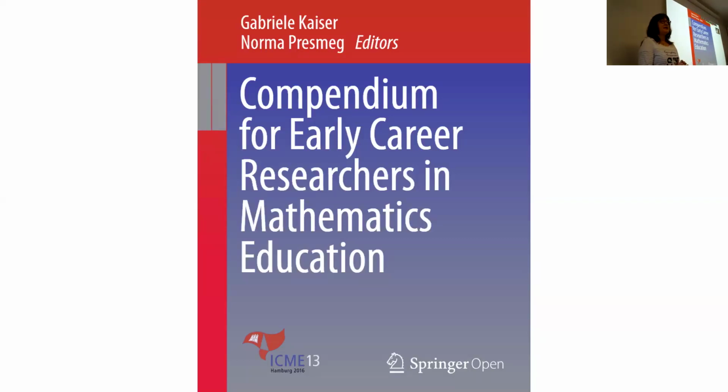You can find the link on our website for PhD students. And it includes a lot of useful information, including very nice information at several places regarding writing a journal article.